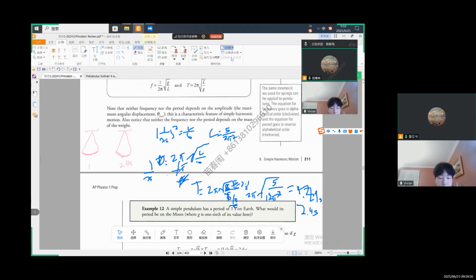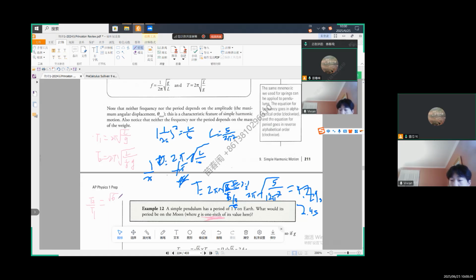Or you can do this: because this is 1/6, which means it's a ratio, right? When a ratio happens, we also like to do a division. For example, this is T1, 2 pi square root L over g, and T2 is 2 pi square root L over 1/6 g, right? I divide T2 over T1, everything simplified, then I flip that with 6g, which is square root of 6.